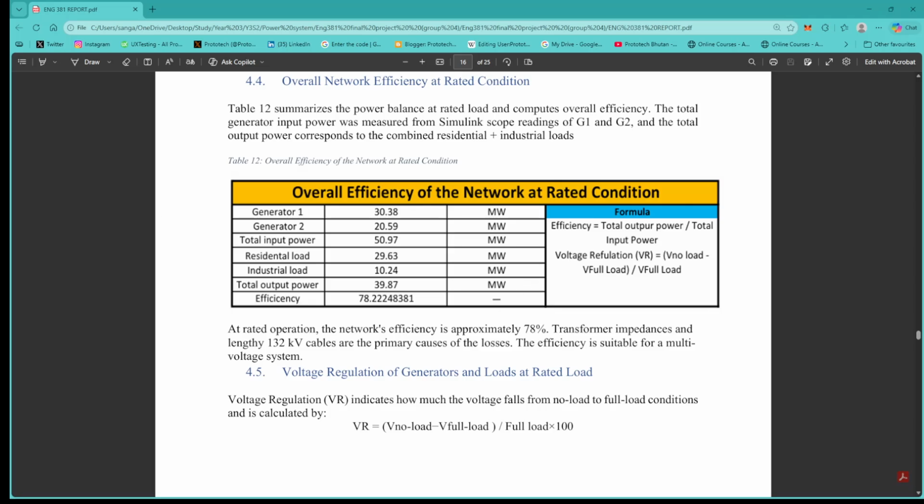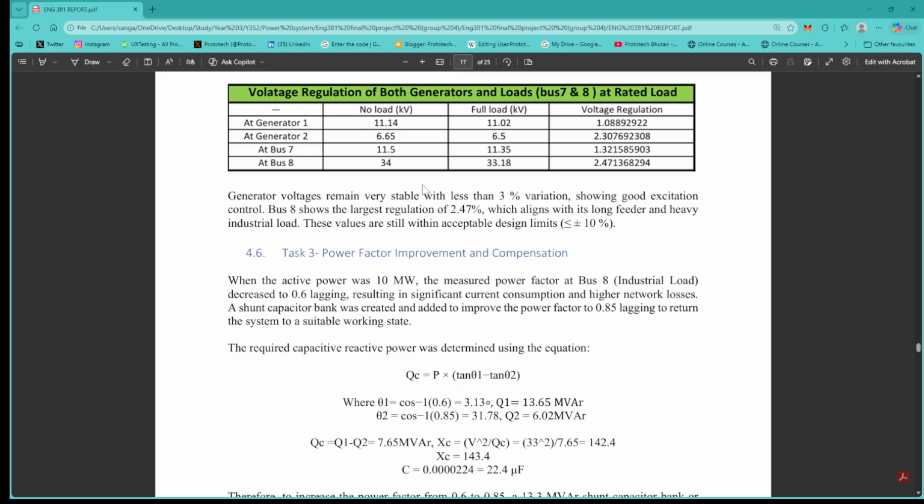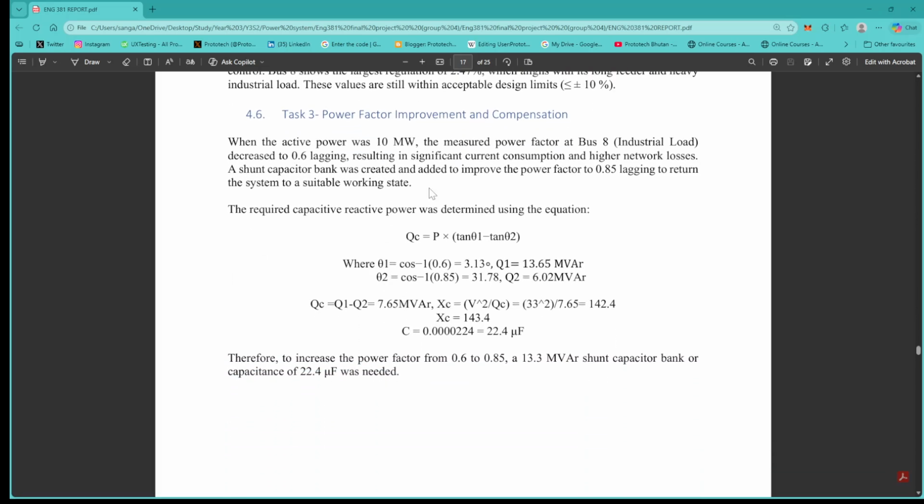Now the power factor correction. When the industrial load power factor was reduced to 0.6 lagging, the reactive power demand increased significantly, leading to higher current and increased losses.